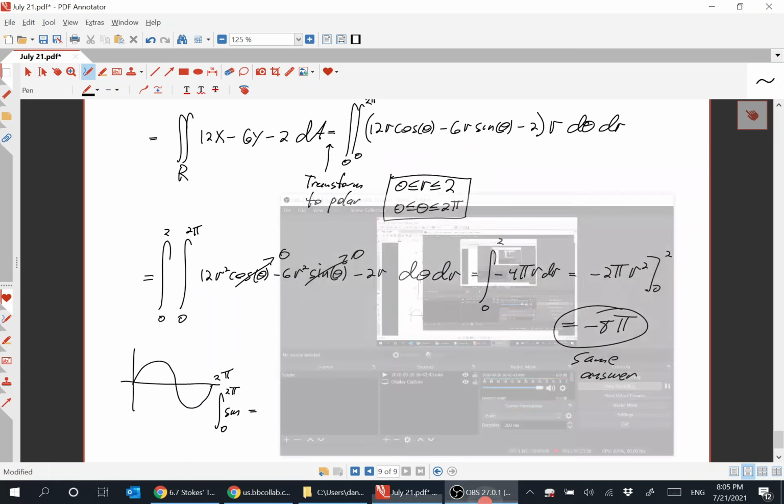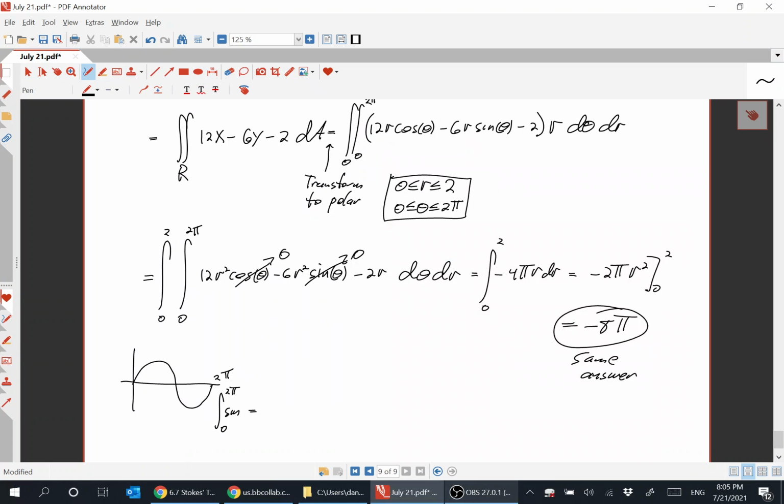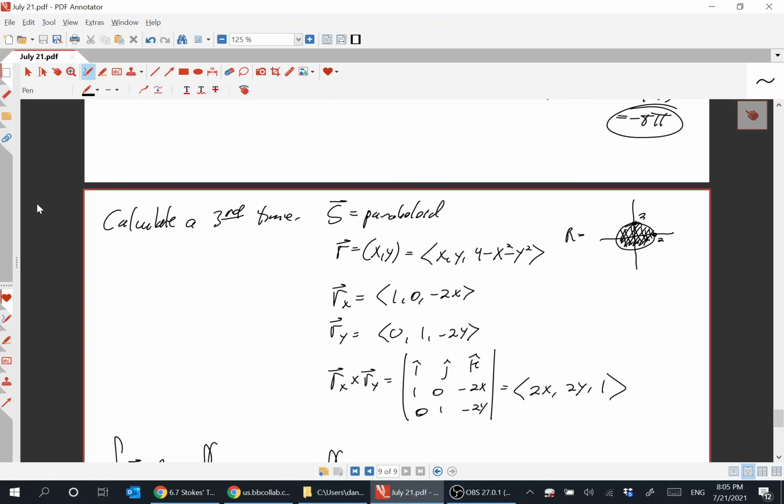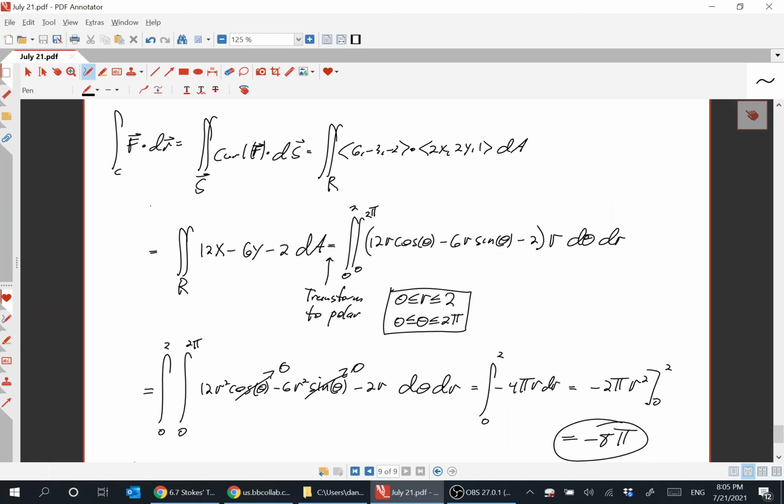Same answer as before. I did the surface integral of the curl, the flux integral for the curl of F over two different surfaces, and you get the same answer both times.